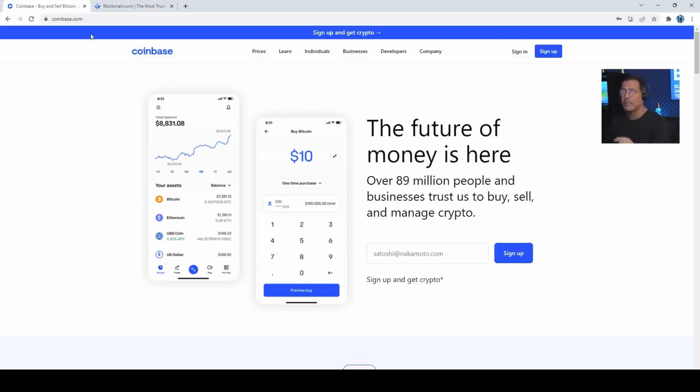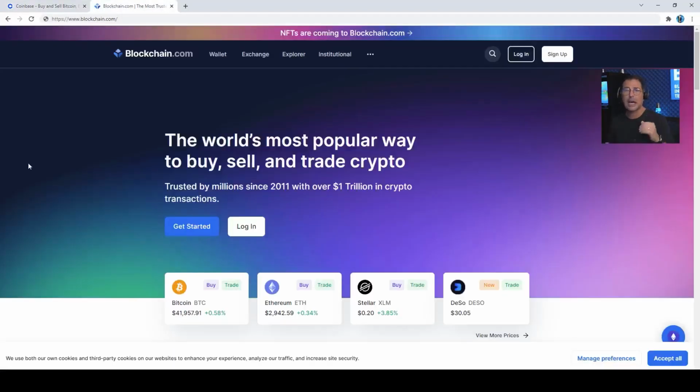I'm going to do that by taking you to blockchain.com. Many people also ask, what is blockchain? Well, blockchain.com began originally as a cryptocurrency wallet, and now they've expanded so that you can buy and sell cryptocurrencies. They are now going to be offering NFTs, but they're also very well known for having an explorer.